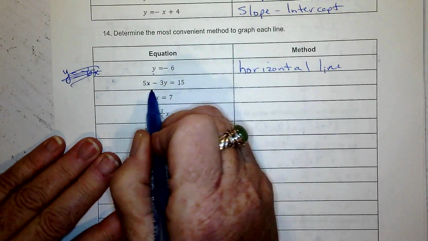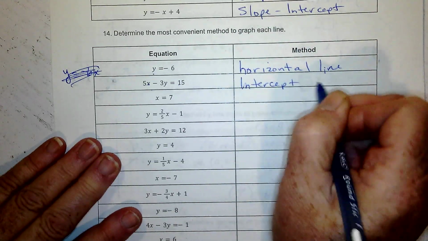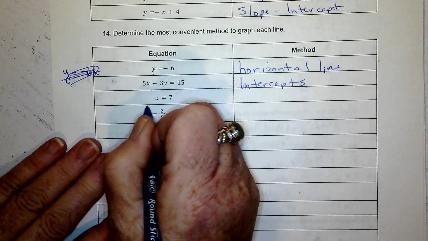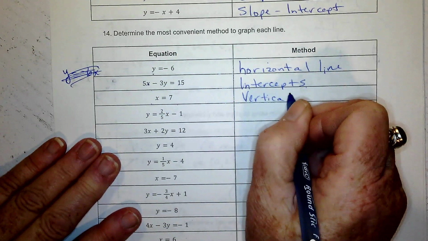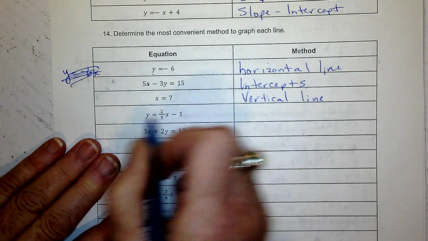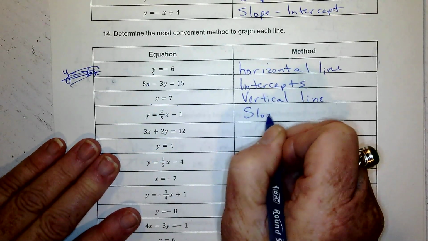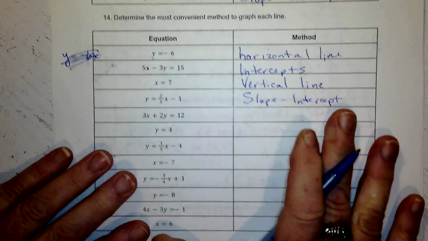The next one, I would use the intercept method. It's not solved for y. All right. Intercepts. The next one is a vertical line, up and down, goes through the x-axis. This one is what we did today, which is our slope-intercept. It's already in that form for us, so that's delightful.